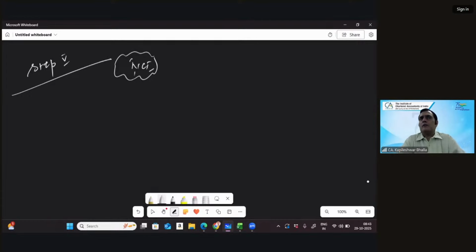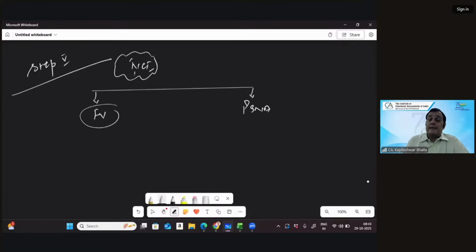Now, there is nothing too technical about NCI, but when you're calculating the NCI, your focus needs to be very clear: in this particular case, are you considering the NCI at fair value, or are you considering the NCI at proportionate share? If you're considering the NCI at fair value, you should be able to relate it immediately that this means you're going to get a full goodwill.